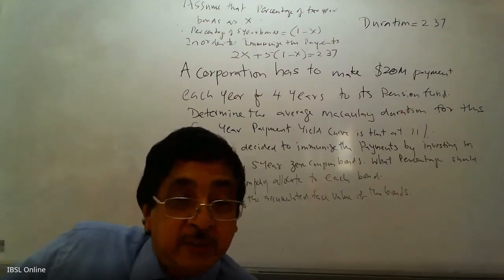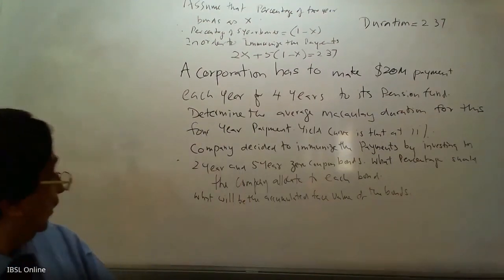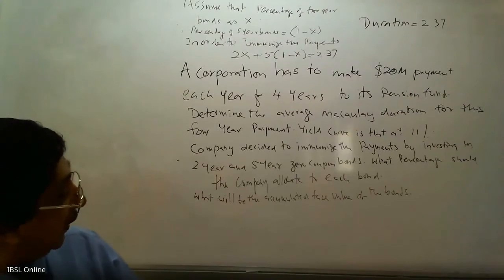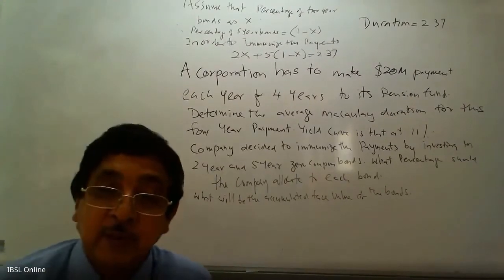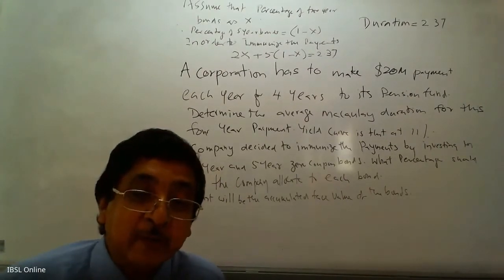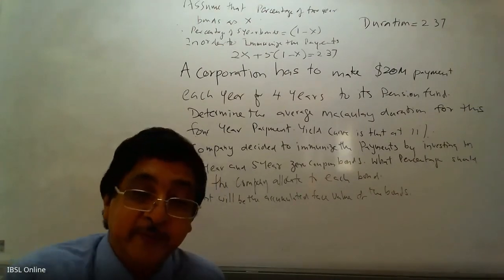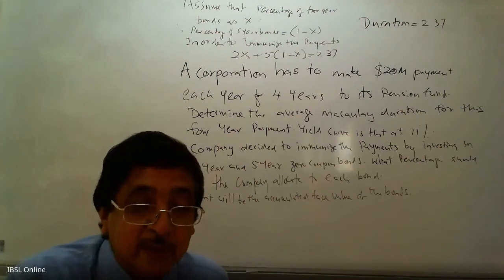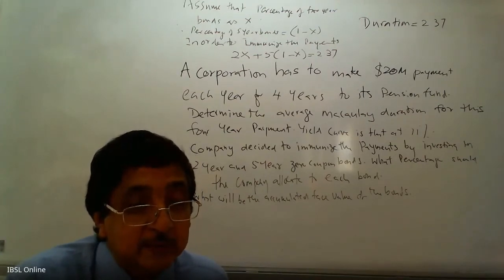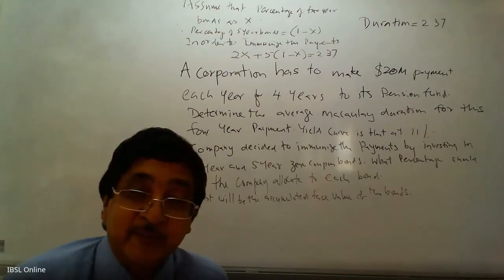Now, the question is, what will be the accumulated face value of the bonds? So, in order to get the accumulated face value of the bonds, we need to get the face value of each bond. Now, are we in a position to get the market value of bonds?